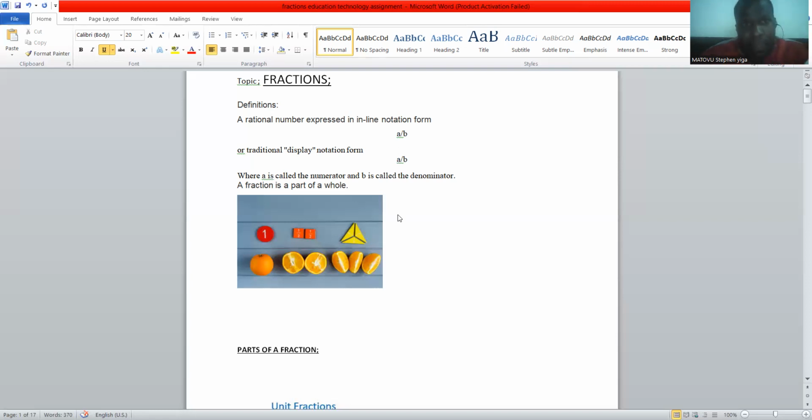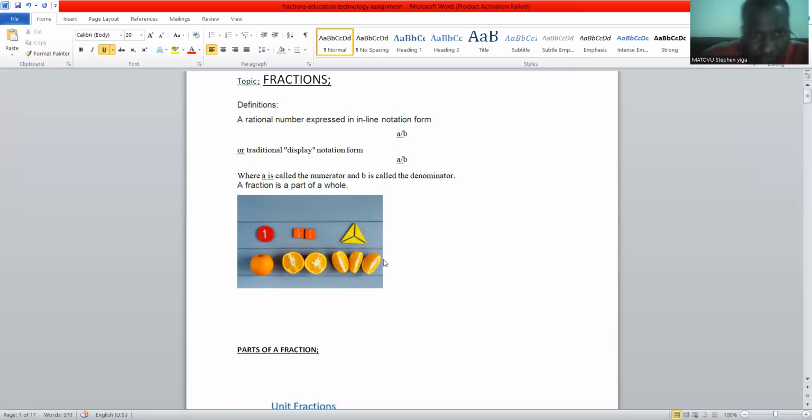That is to say, a mango can be a whole mango, but when one mango is cut into halves or into thirds, it becomes a fraction. That is why we say that a fraction is part of a whole. The moment you cut the mango and it becomes a half, it becomes a fraction.